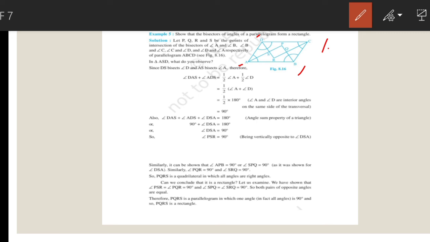So we can see this triangle ASD. In the triangle ASD, what do we observe?